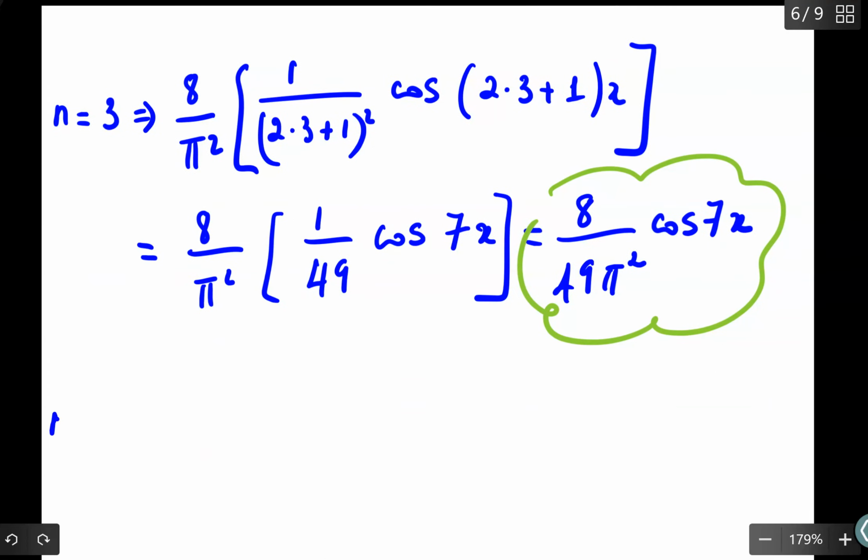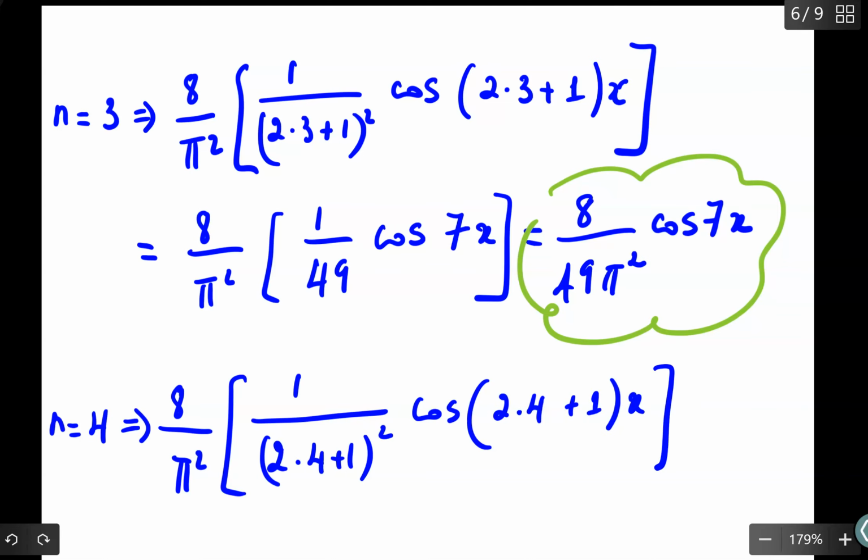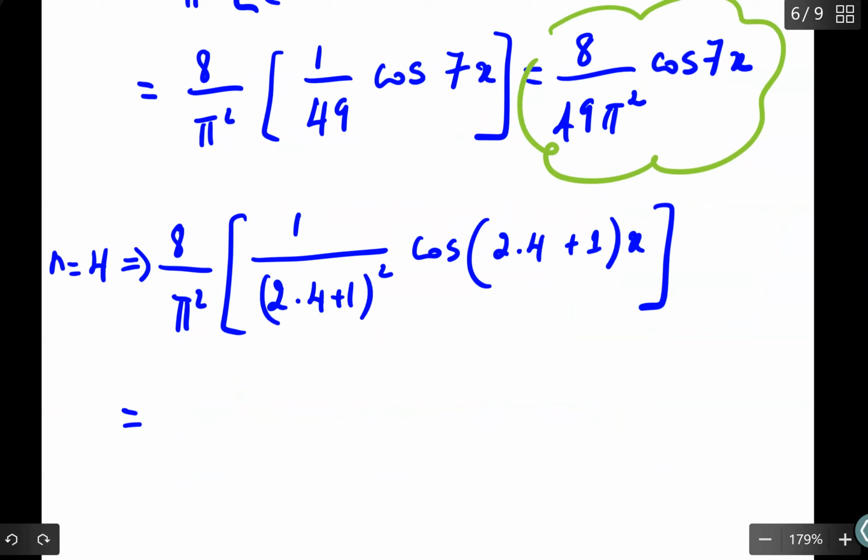Okay, so now n equals 4, we are almost there. A over pi square, 1 over (2 times 4 plus 1) all of it square, cos of (2 times 4 plus 1) x.